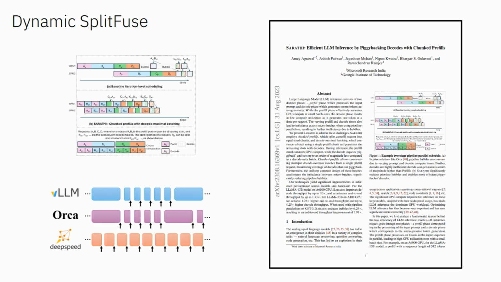The prefill operation, where you're computing the initial weights for all of the input tokens, is quite expensive computationally, so it takes much longer to generate that first token than all the subsequent tokens. It's also bound by the compute rather than the memory, whereas the later steps are memory bound. The first is compute bound.